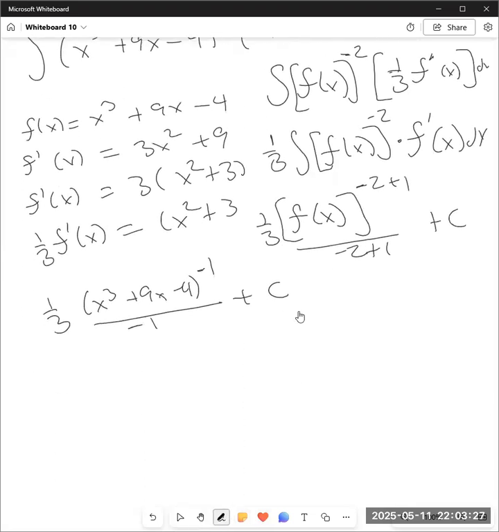And that's going to give me negative 1/3. Then this drops down to the denominator: x cubed plus 9x minus 4, plus c. So let's put that negative 1 right up there.